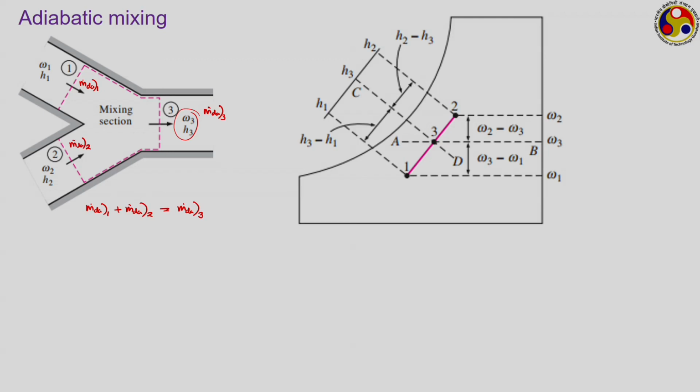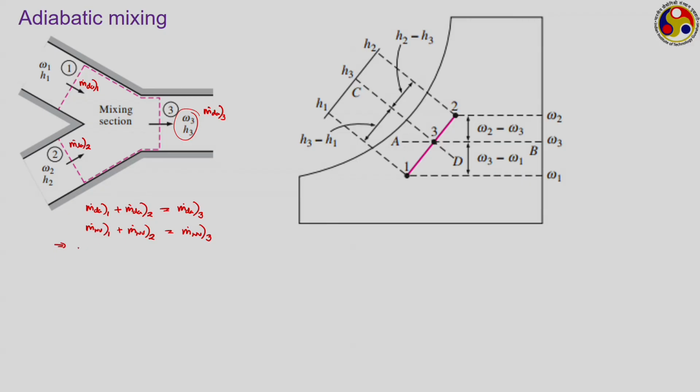Now for the water vapor part, m dot water vapor 1 plus m dot water vapor 2 should be equal to m dot water vapor 3, assuming there is no condensation happening or no additional moisture being added to the mixture.